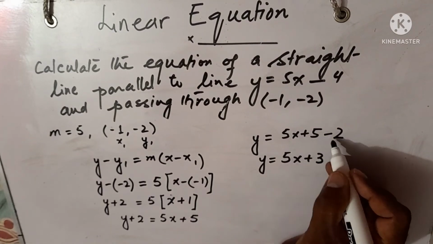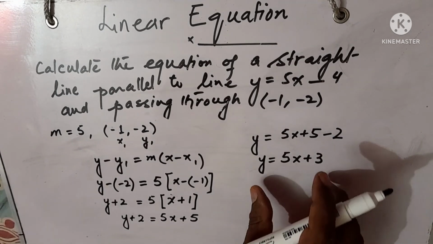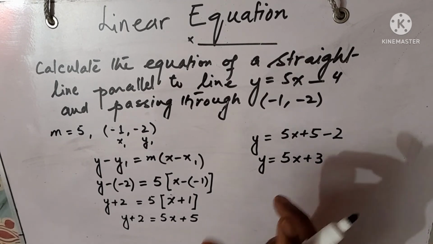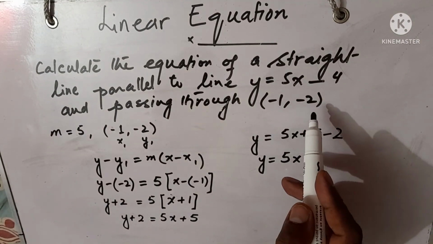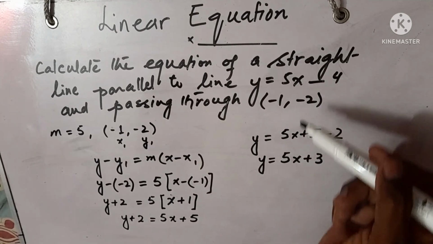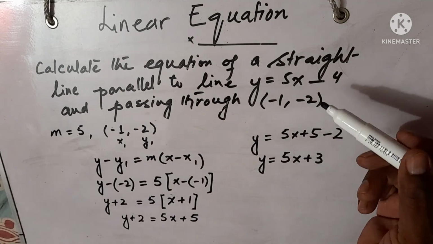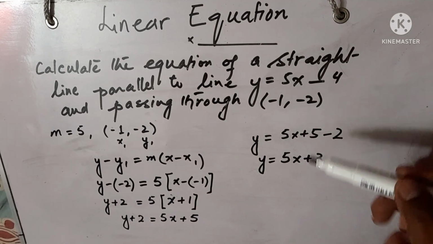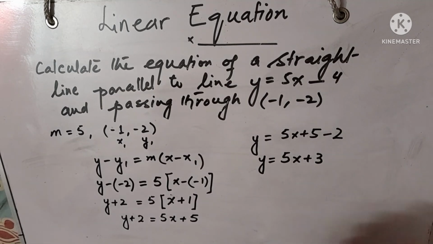When I simplify plus 5 and minus 2, I will get plus 3. So this is the equation of the straight line which is parallel to this line and passing through (-1, -2). So I can see that they both have the same gradient, and when the lines have the same gradient, they pass through different y-intercepts, but they have the same gradient. Okay.